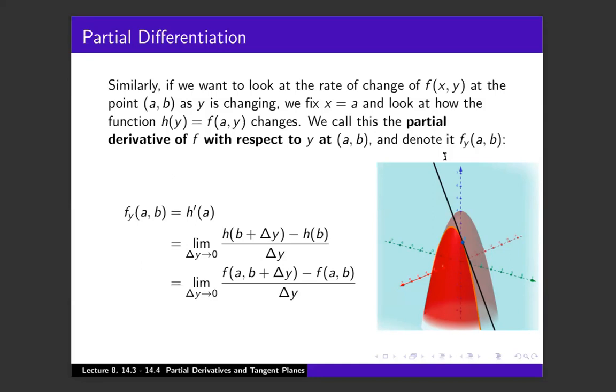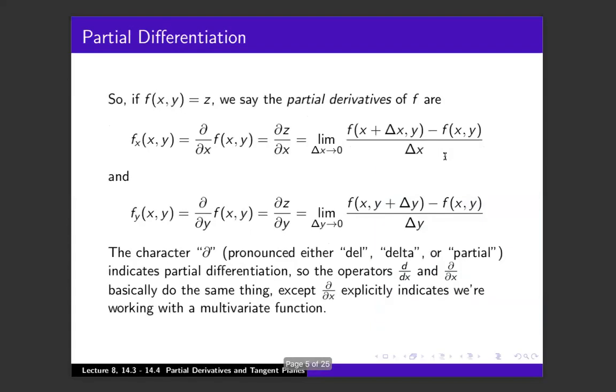It's the same exact process, taking the limit definition in the y-coordinate instead of the x-coordinate. So the partial derivative with respect to x is the limit as the change in x goes to 0 of f(x + delta x, y) minus f(x, y), over delta x. And there's an analogous definition for the partial derivative of f with respect to y.